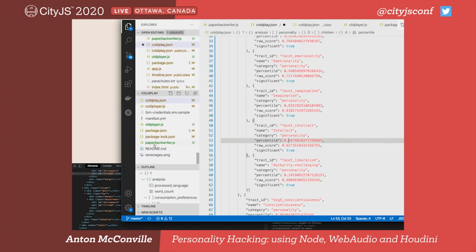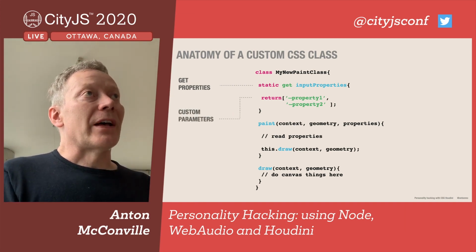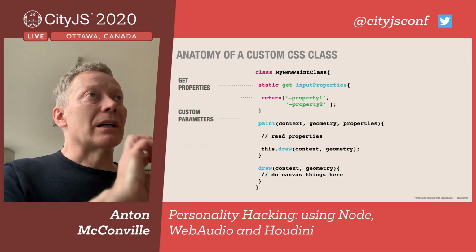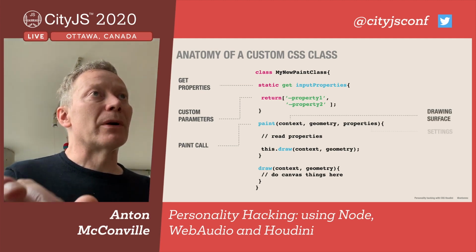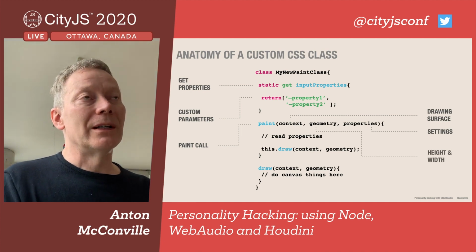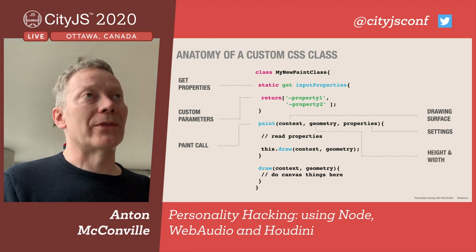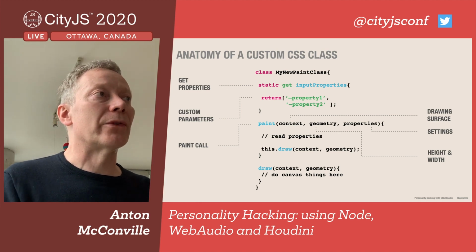When you start to look at the code for that, this is the sort of anatomy of the CSS class. You've got a class where you declare the name of it, and then you've got your input properties. So in my case, in the stripes, I had input properties for the gap between the stripes, the width of the stripes themselves, the color of the stripes. And then there's this paint call.